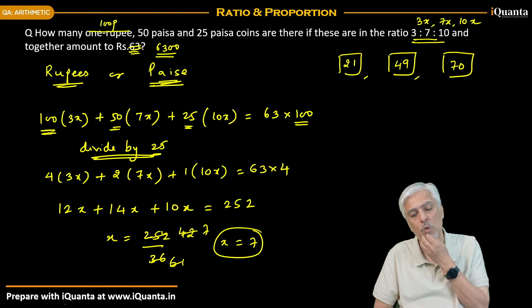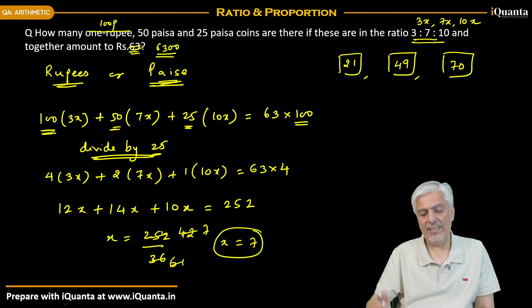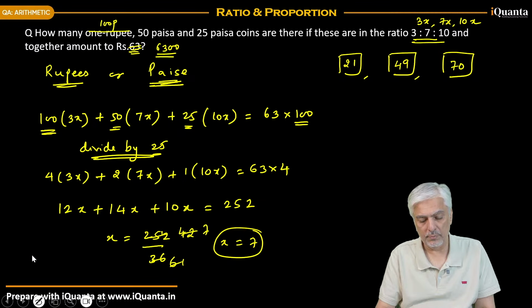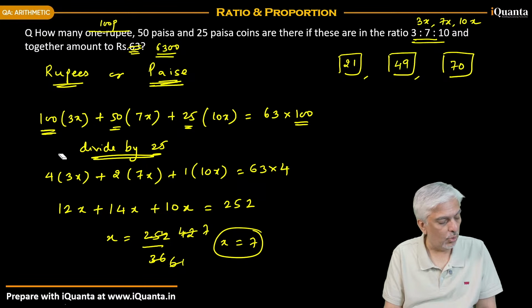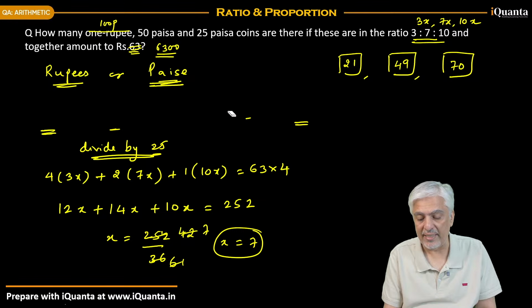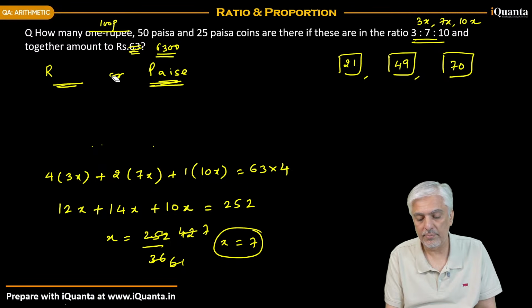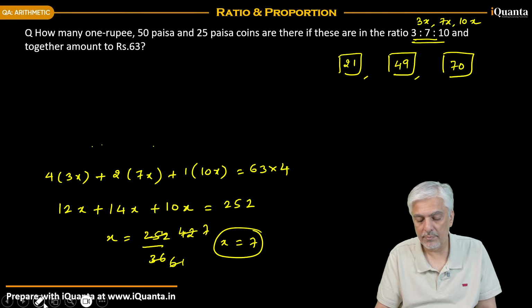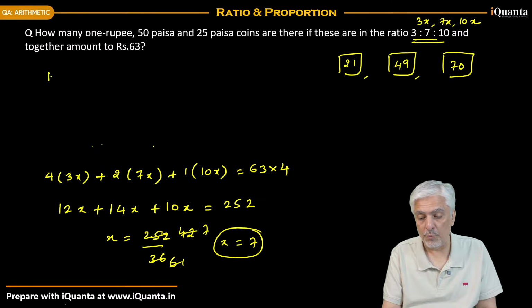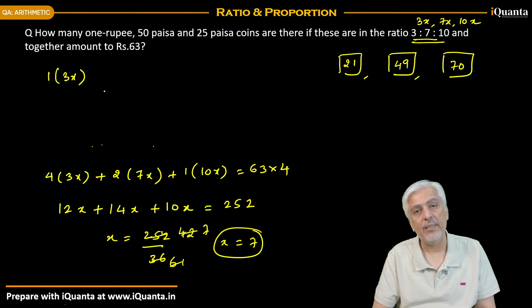Now what if I had done the whole question in rupees? You should know that method also. If I had done the whole question in rupees, what will we get? Just look at the magic. I'll come back to the same equation. ₹1 coin, so 1 rupee multiplied by 3x. 50 paisa means half a rupee.